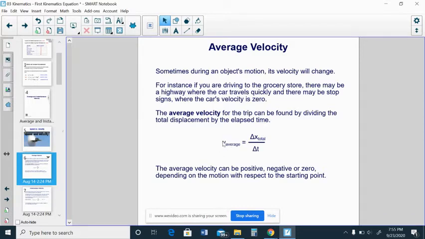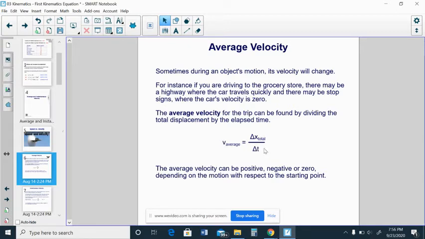So V is representing velocity, your average velocity here. Remember, delta X would be change in displacement. So we're looking for the total change in displacement. Now recall that displacement is a vector quantity. It is your change in position relative to an origin. Time, on the other hand, is a scalar quantity.